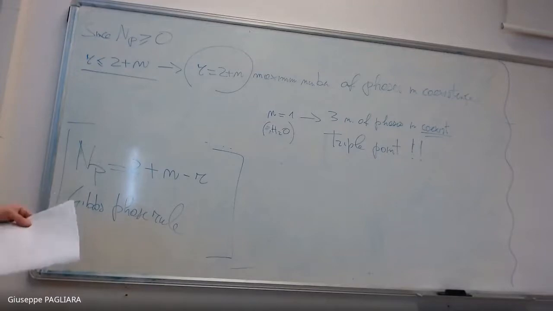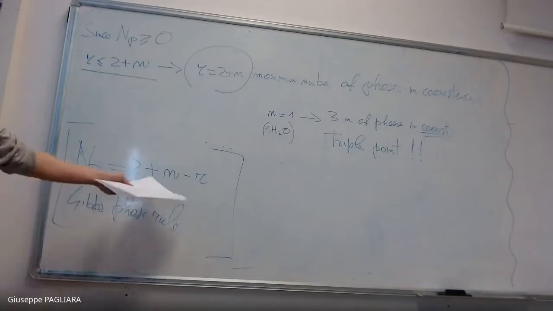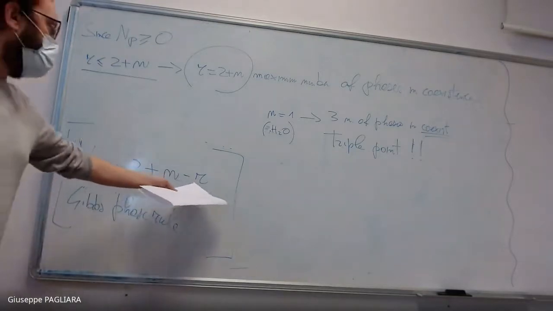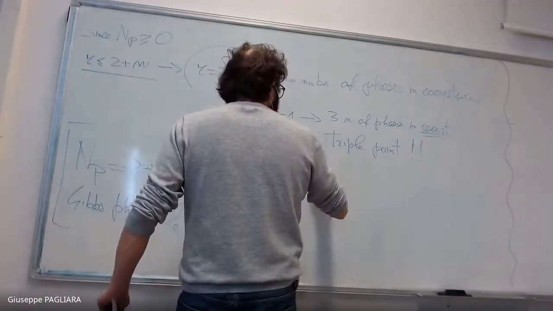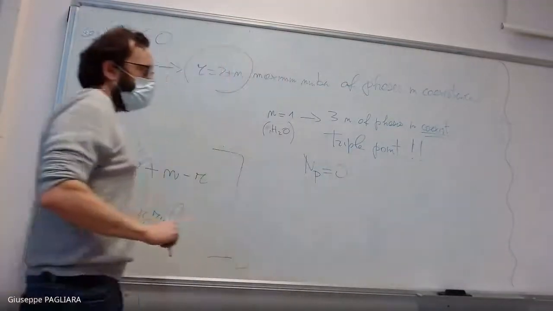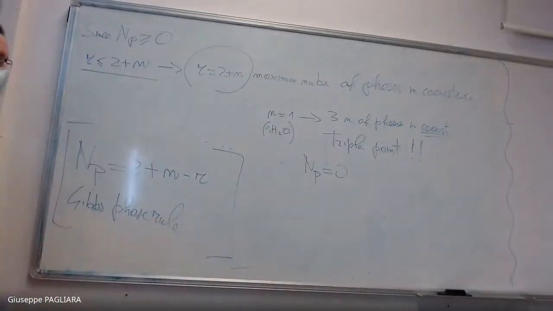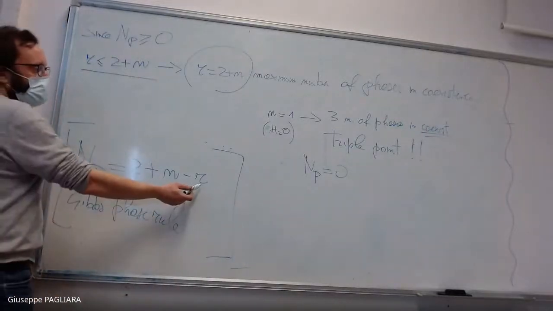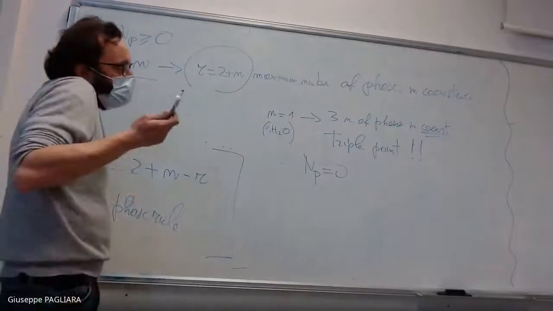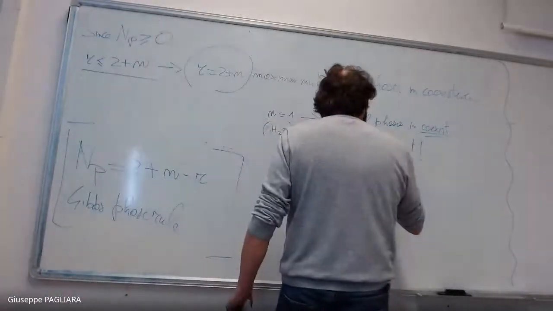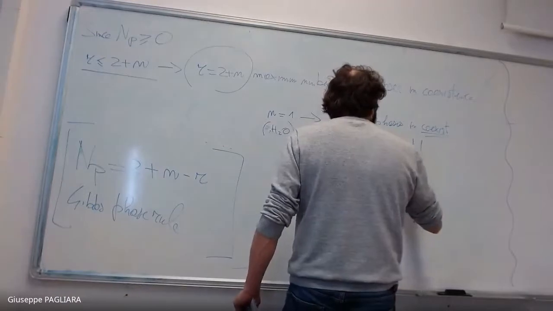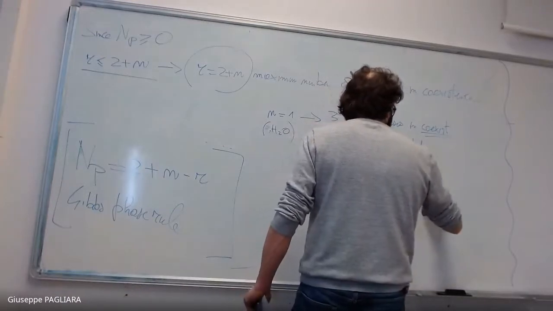Now, for the triple point, n is 1 and r is equal to 3. So for the triple point, NP is equal to 0, by definition of the maximum number of phases, which means no independent variables.